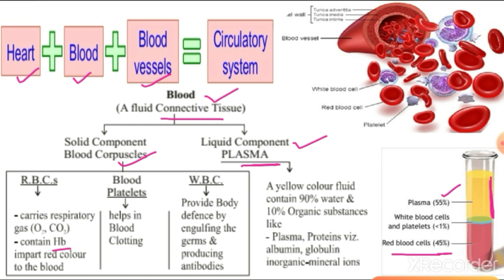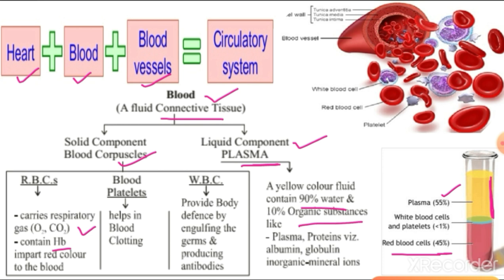What is the function of hemoglobin? Hemoglobin is also known as a respiratory pigment, as we have done in our previous video. It carries oxygen and carbon dioxide gas. That is why it is known as a respiratory pigment. Now we were doing the plasma. Plasma is a yellowish liquid. It is the liquid part of our blood. What is the function of plasma? Plasma constitutes 90% water and 10% organic substances.